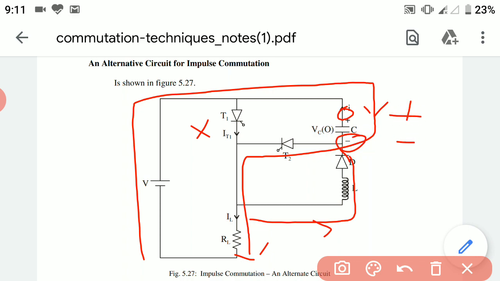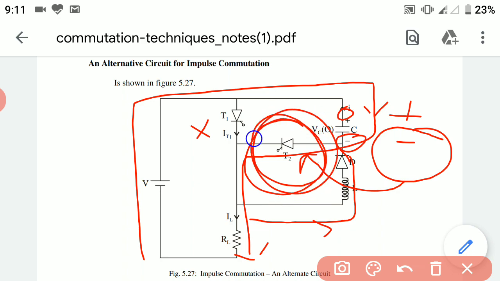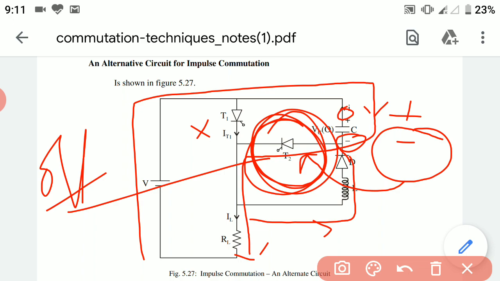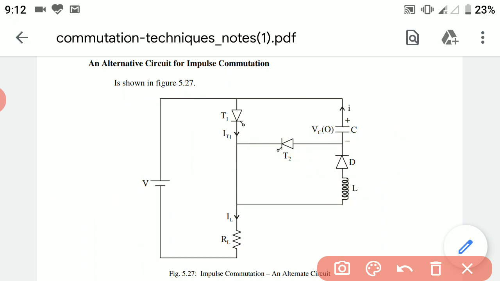Due to this negative polarity, the thyristor T2 anode terminal will be at negative polarity, so thyristor T2 will turn off. Now both the thyristors T1 and T2 are turned off.